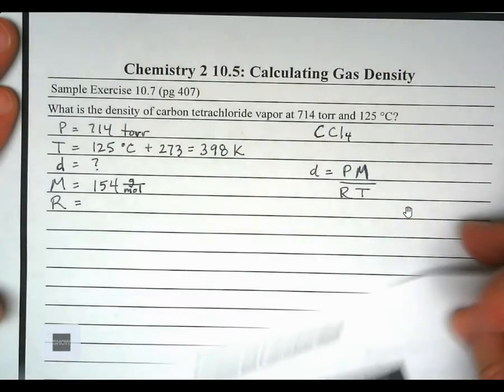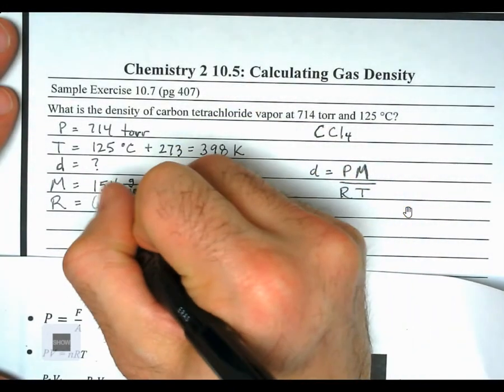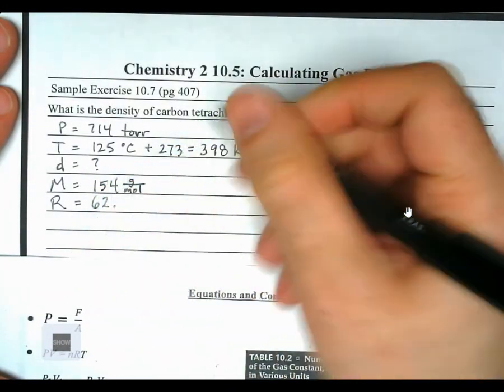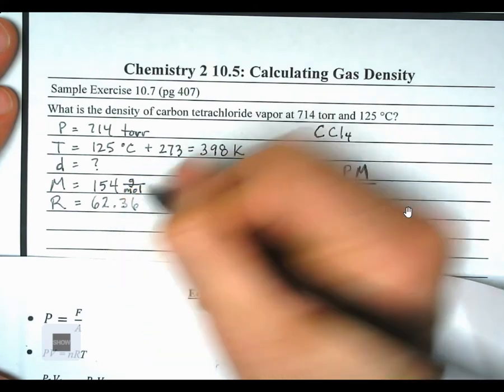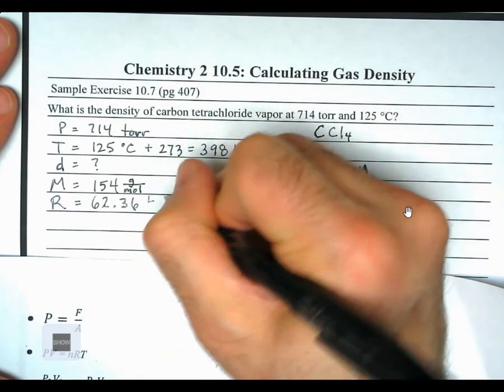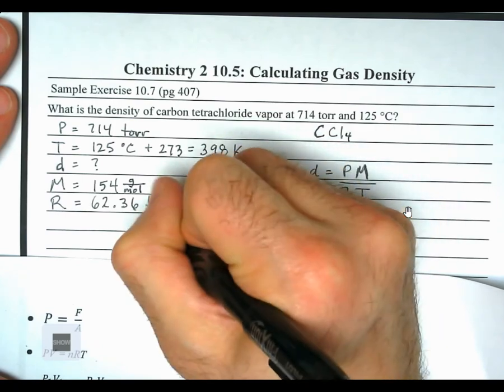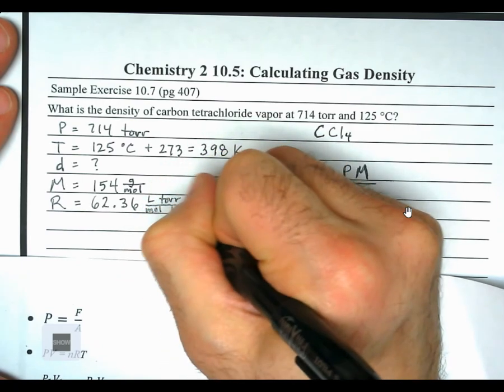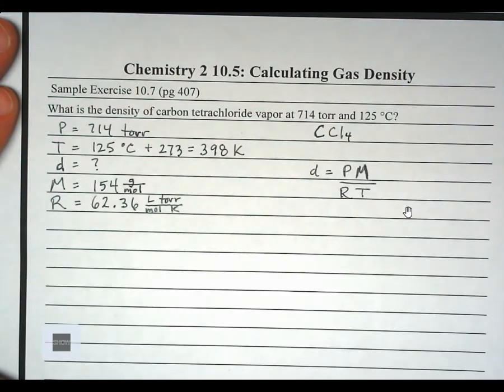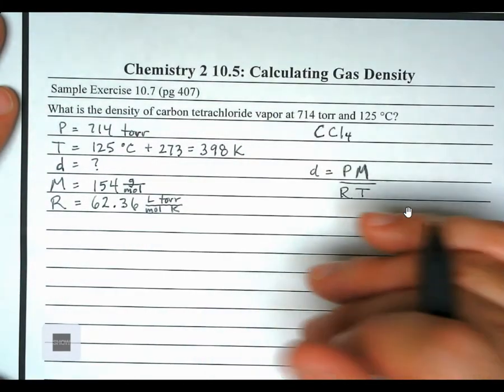So I'm going to use that one. That's 62.36, and my label is liters torrs over moles K. All right. Everybody good so far?